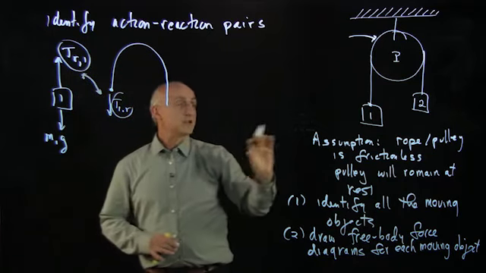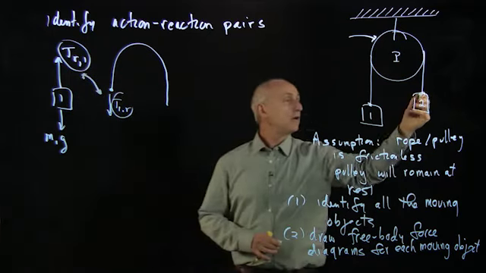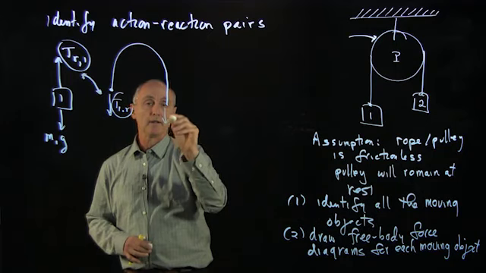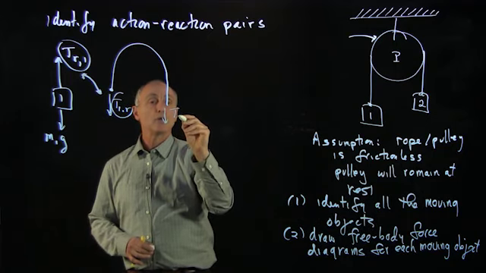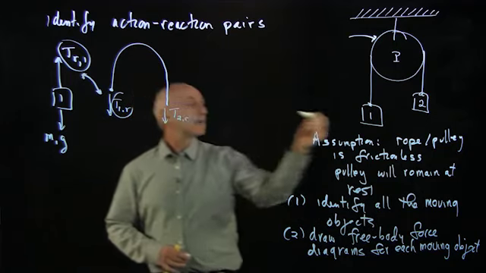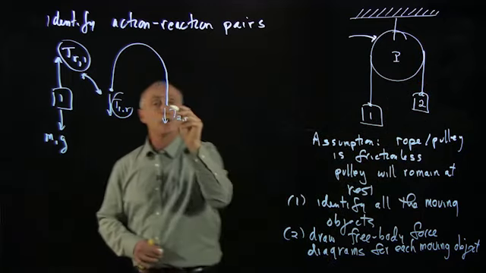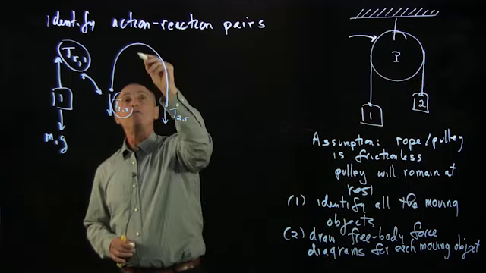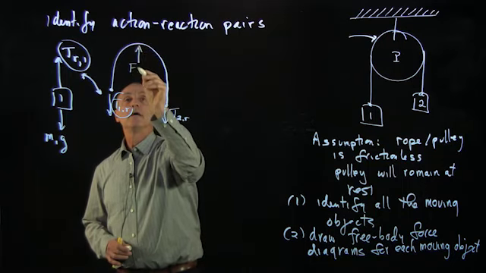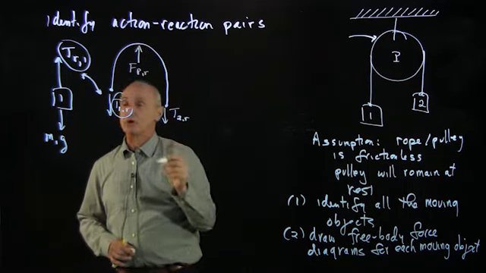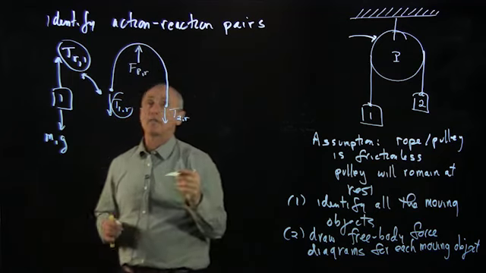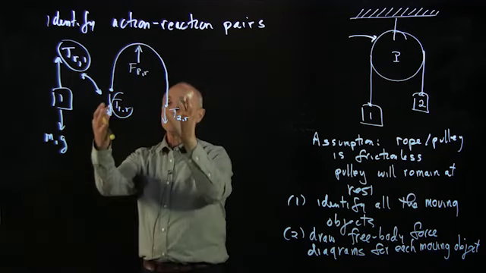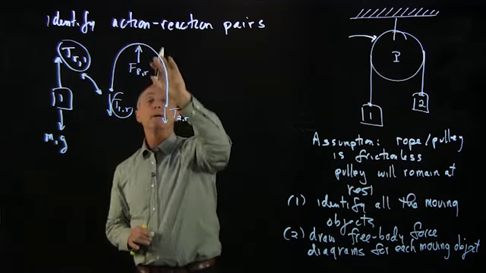What are the other forces on the rope? Well, over here, object 2, T2, is pulling the rope down with the tension at the end of that rope. Now, also, the pulley is exerting a force on the rope upwards. And so these are the force diagrams on the rope.